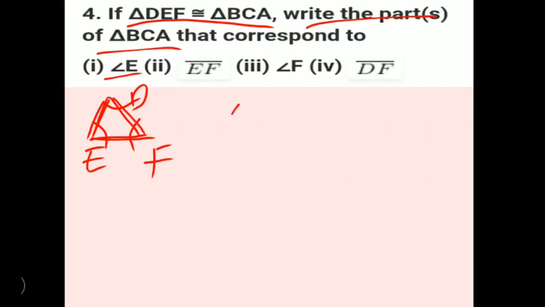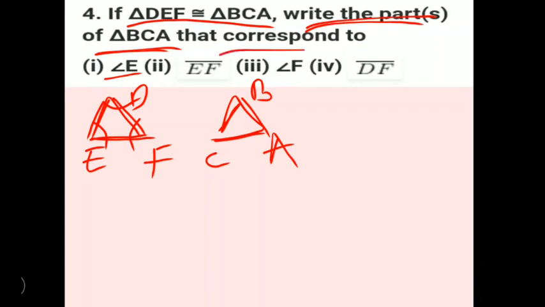So the other triangle is B, C and A. So these are the 3 sides of this triangle. Now they are asking us to write the part of triangle BCA that corresponds to angle E. So angle E belongs to triangle DEF. What is the correspondence of angle E?